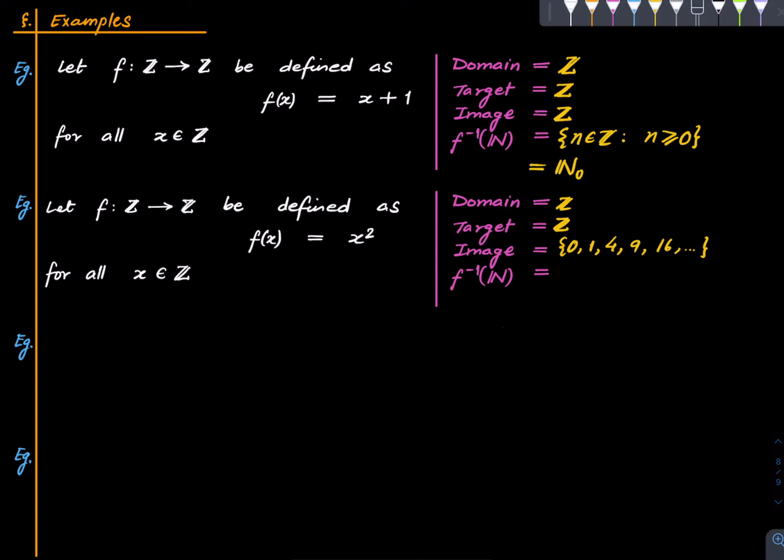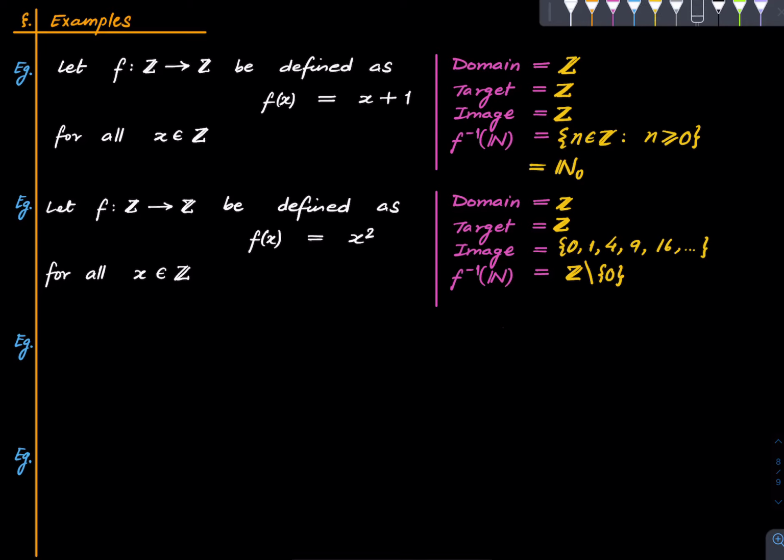So what are the things in the domain which map to a natural number under f? So the only thing here which does not map to a positive integer is the number 0, because as soon as you feed it anything, either negative or positive, you get something positive. And hence, the preimage of N is everything in the domain except the 0 integer.